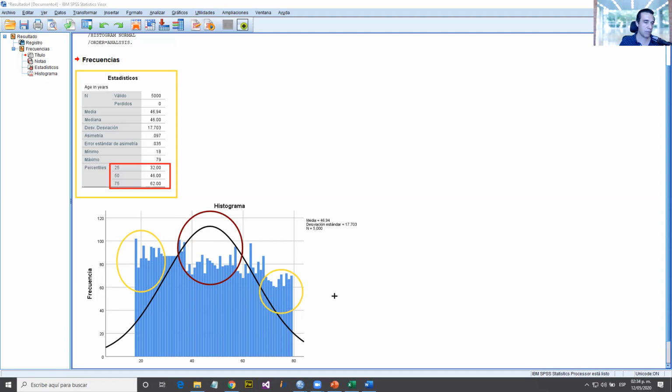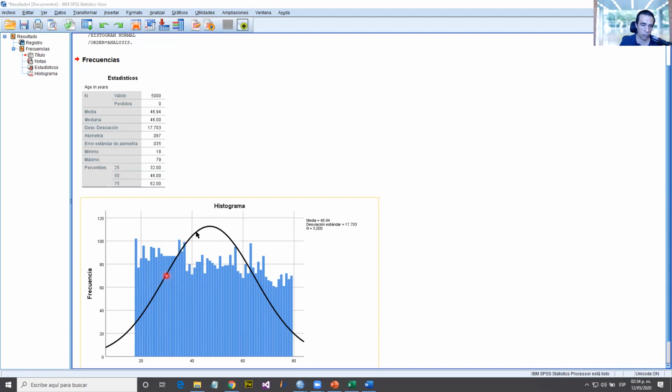So this means that this data set around age is not normally distributed, because a normal distribution means that we should be following this line. And this is not happening, okay? So then we have the answer for that question.